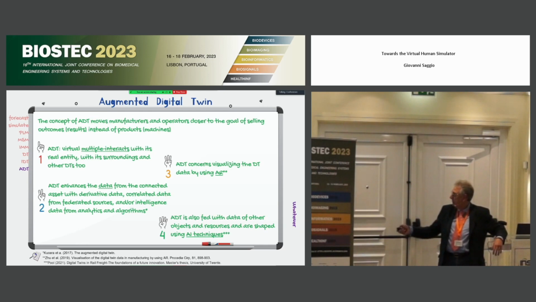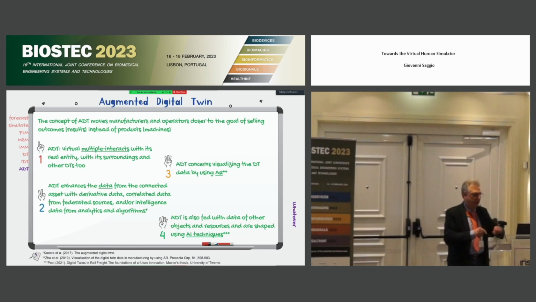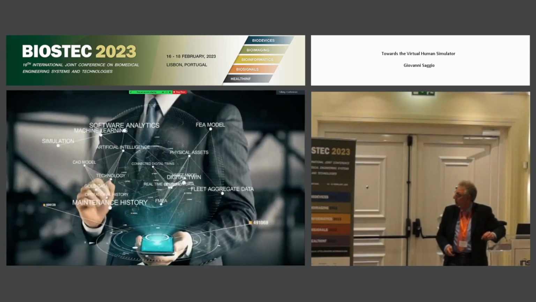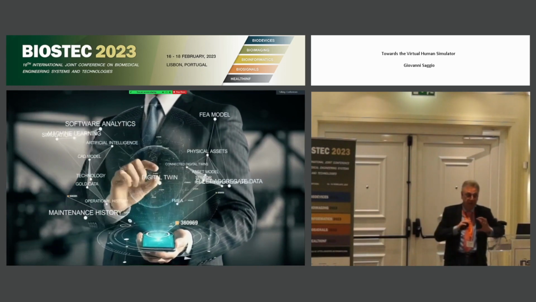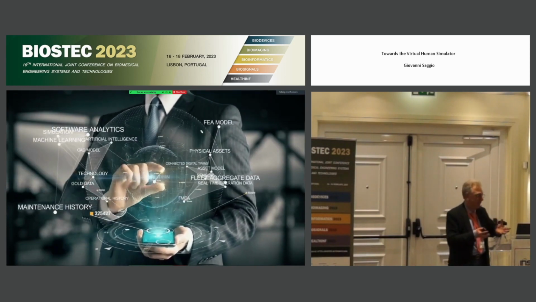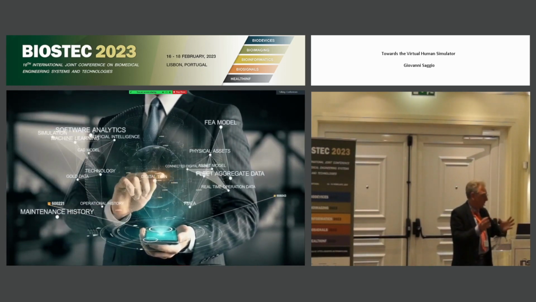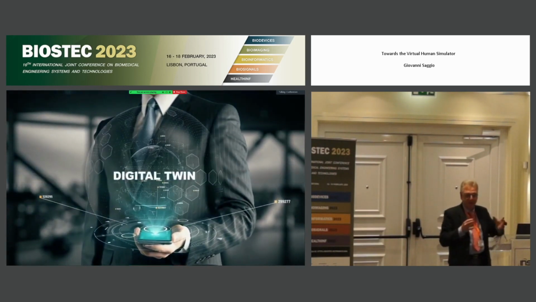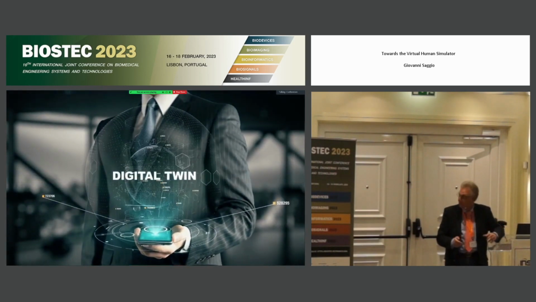Fourth, ADT is also fed with data of other objects and resources and is shaped using AI techniques. So inside the augmented version of the digital twin, there is the intelligent version of the digital twin. Okay? So digital twin is an ensemble of things all mixed together, creating this concept of digital twin.